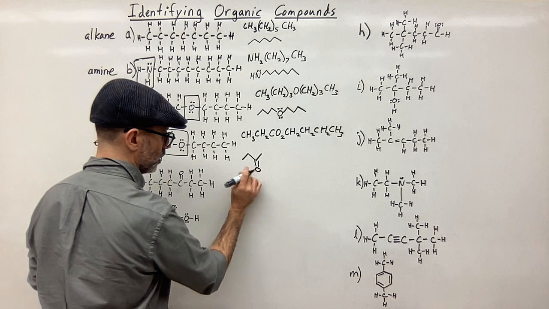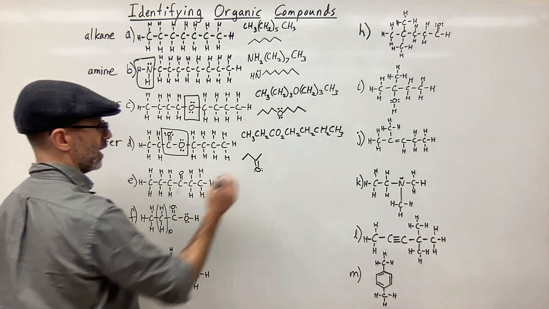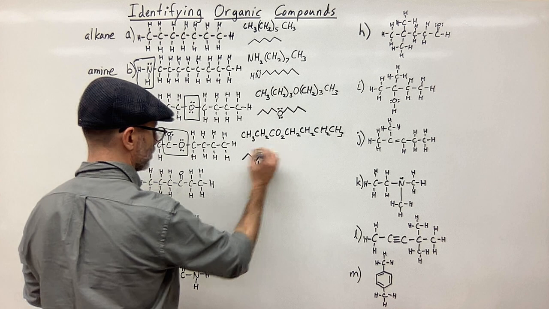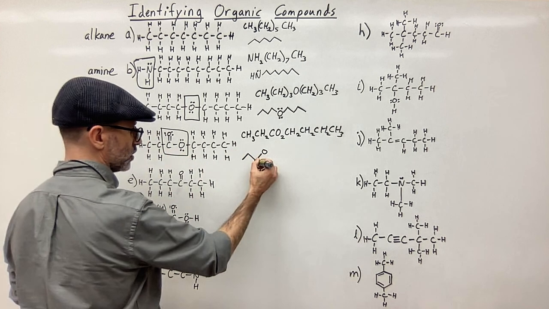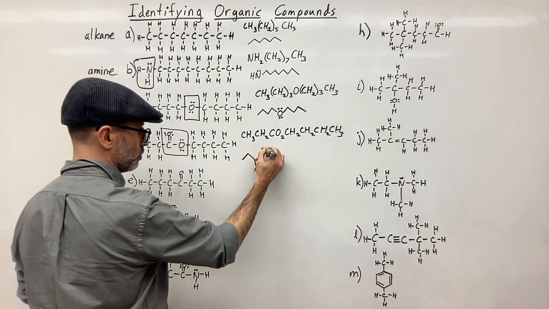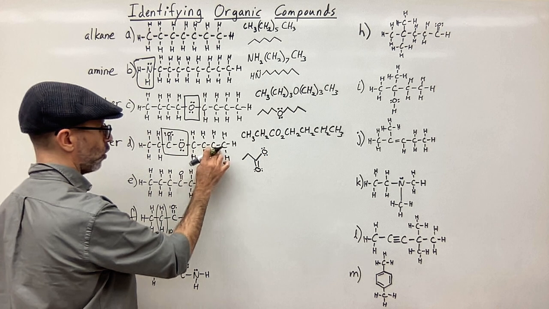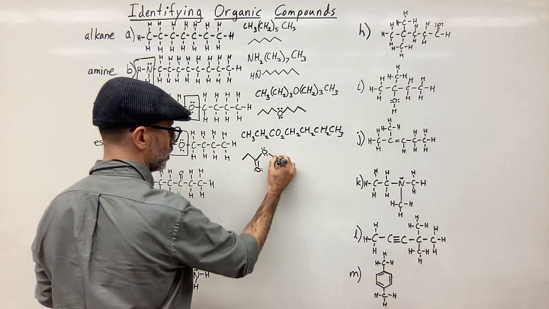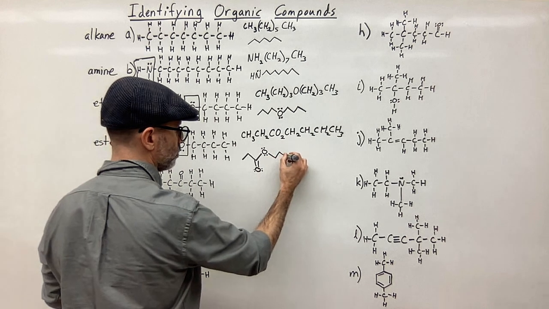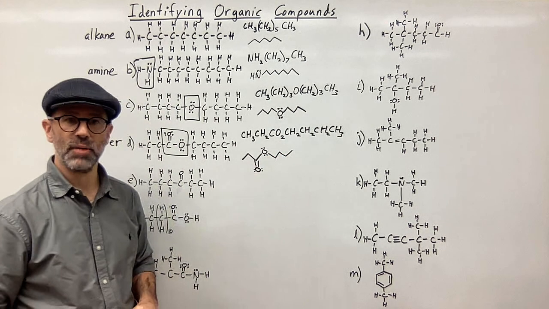Let me make that better. 2 lone pairs there. And then this is an oxygen, so this carbon is bonded to that oxygen. So we can put our lone pairs there. And then we've got our 4 carbons. So this would be 1 carbon, 2 carbons, 3 carbons, 4 carbons. And so that would be the line drawing for that molecule.